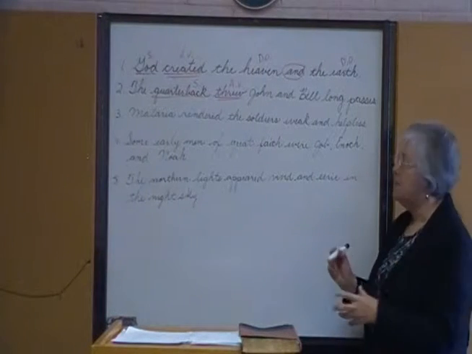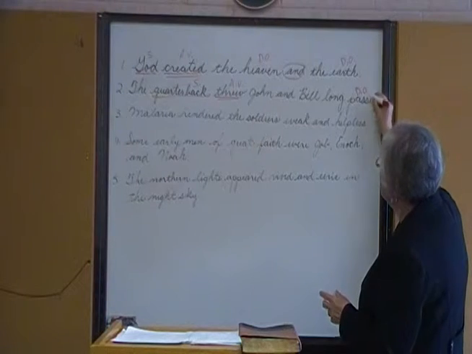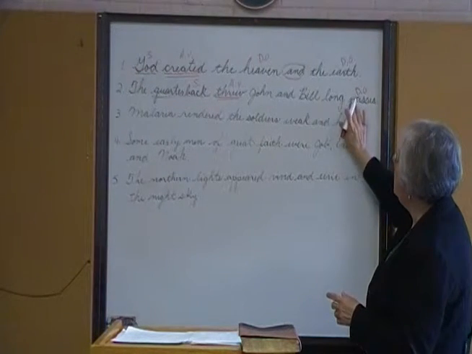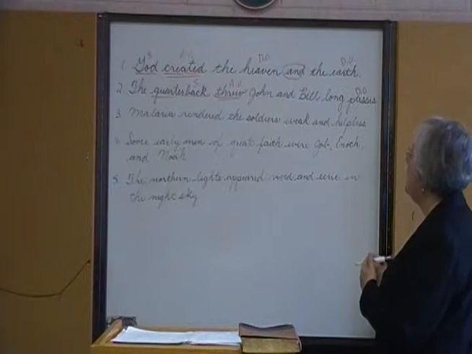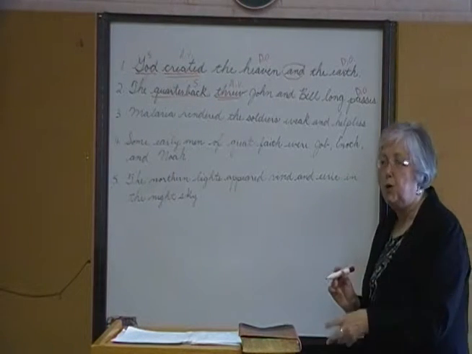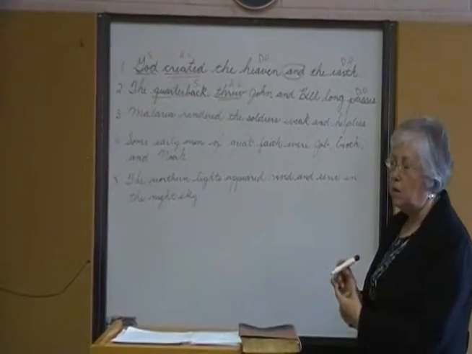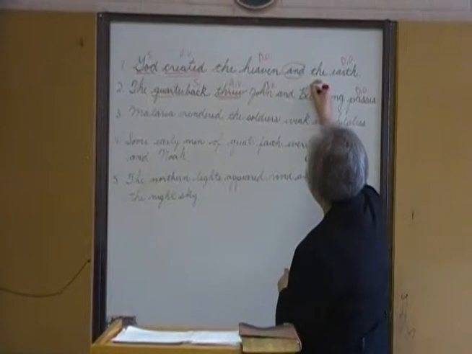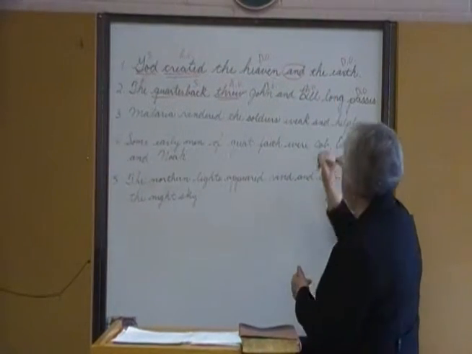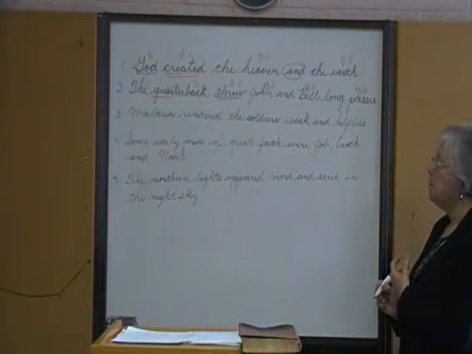He threw passes. Passes is the direct object. What kind of passes? Long passes. Long is an adjective modifying the direct object. Now, threw to whom or for whom? John, Bill. John is an indirect object. Bill is an indirect object. So we have a compound indirect object.